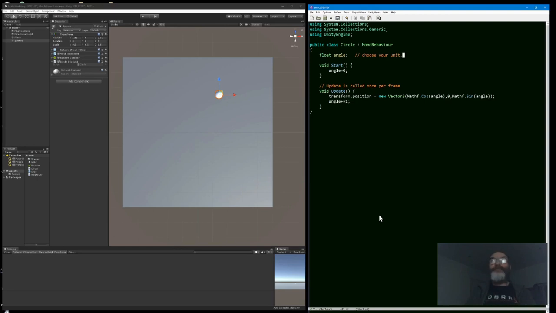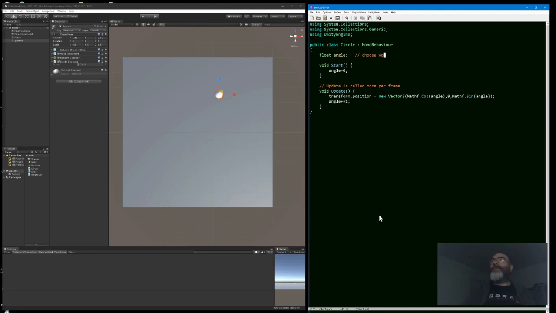But I will choose to work with radians because we're going to be more math focused here. Like, we shouldn't be afraid of radians.